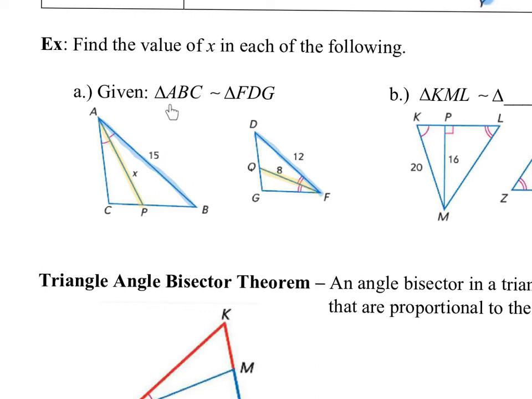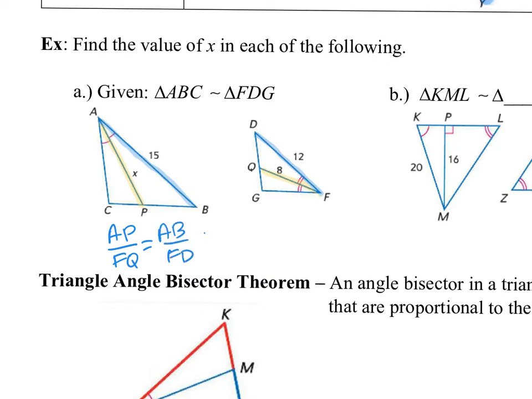Notice that AB, first two vertices named here, FD, first two vertices named here, so we know for sure that these blue sides correspond. So we can write a ratio and say that the ratio of the angle bisectors, so that would be AP to FQ, is equal to the ratio of the blue corresponding sides, so that would be AB to FD.